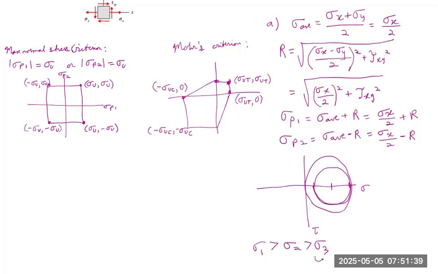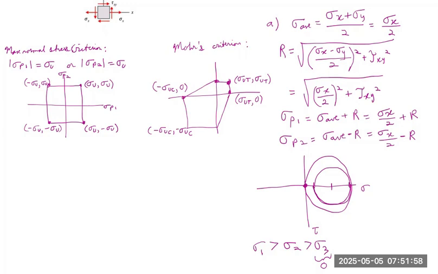So sigma 3 is always equal to 0 in our 2D problem over here, because this is a two-dimensional problem. So sigma 3 will just be equal to 0.